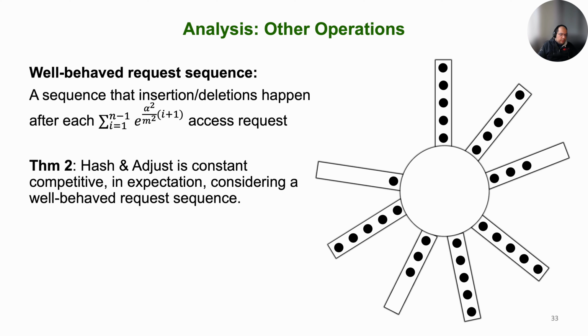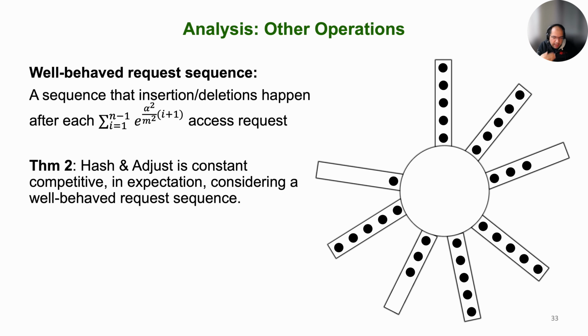And another part, which is relatively the harder part to do, is to see how we can handle insertion and deletion operations. And here is where our well-behaved request sequence comes into play. So the question is, what's a well-behaved sequence? Here we say we want to consider request sequences that don't have insertions and deletions too often.